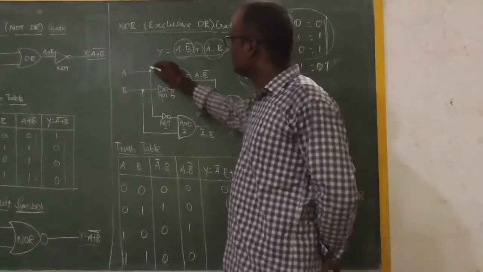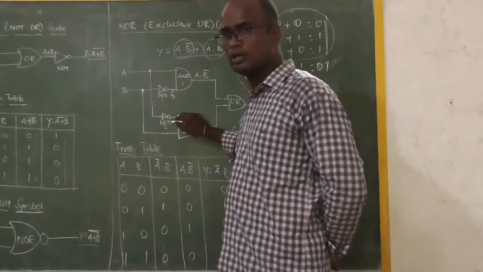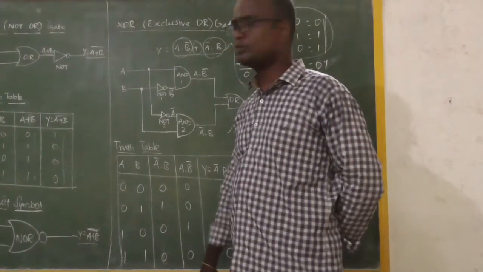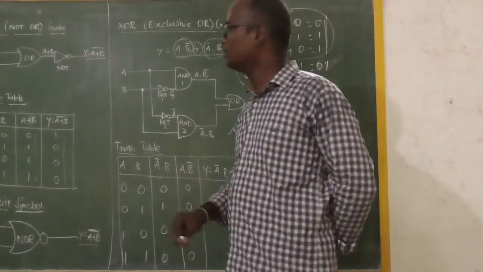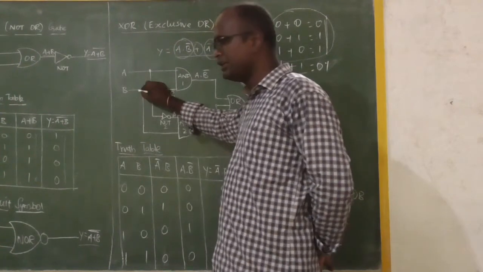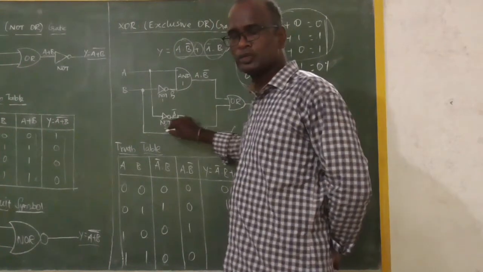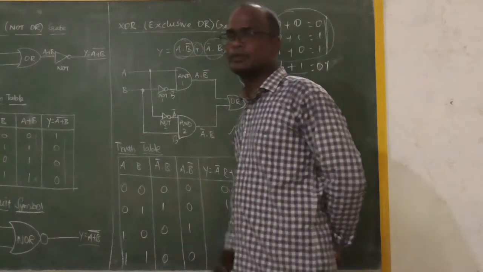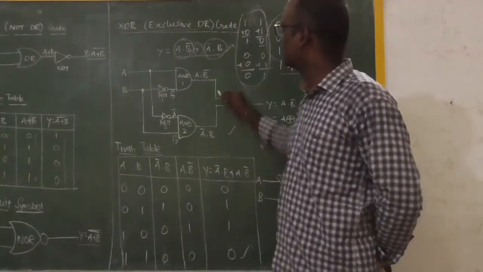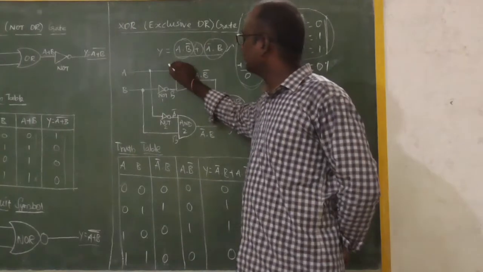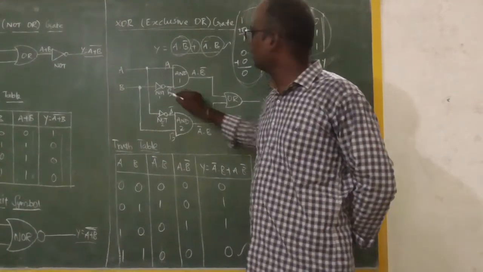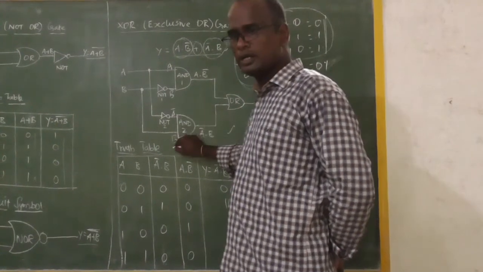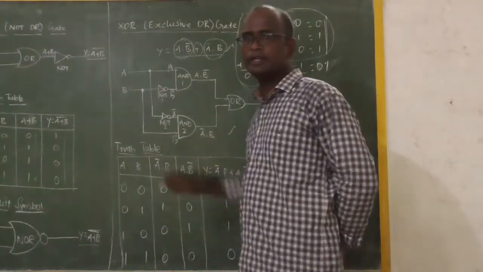Similarly, A is applied through a NOT gate, so that we get A bar at the input of the second AND gate, and B is directly connected to the input of the second AND gate. Therefore, we get A dot B bar as the result of AND gate 1, and A bar dot B as the result of AND gate 2.